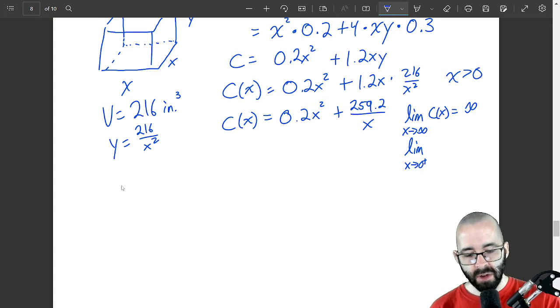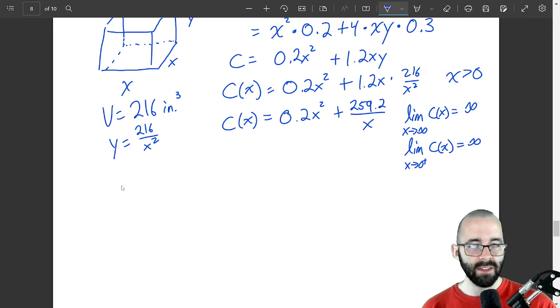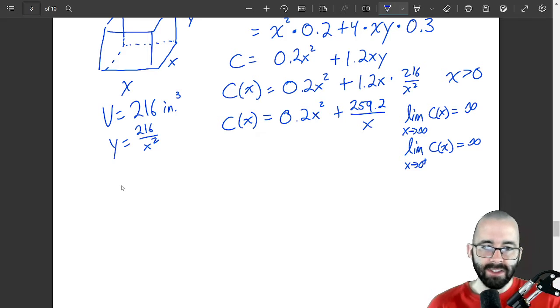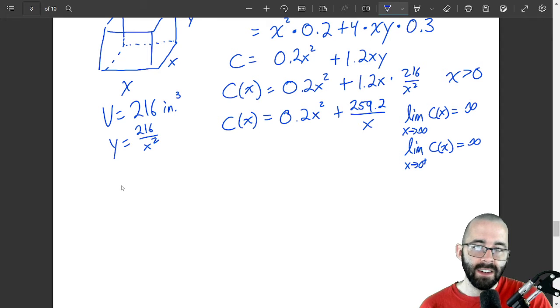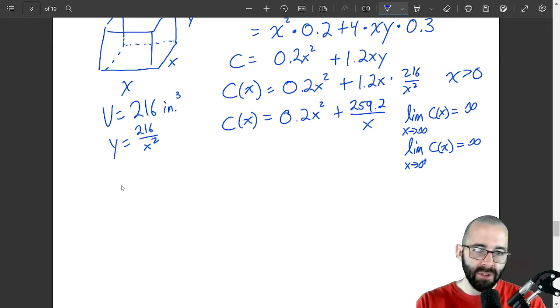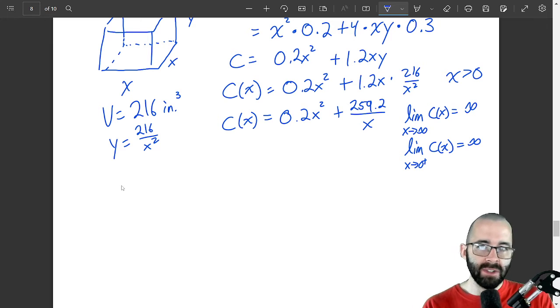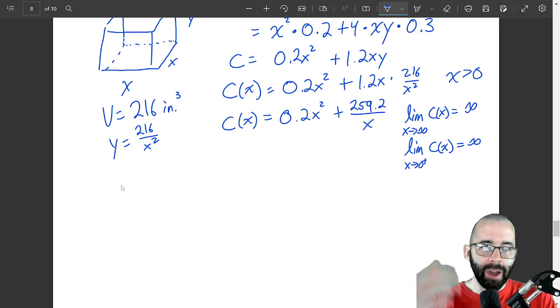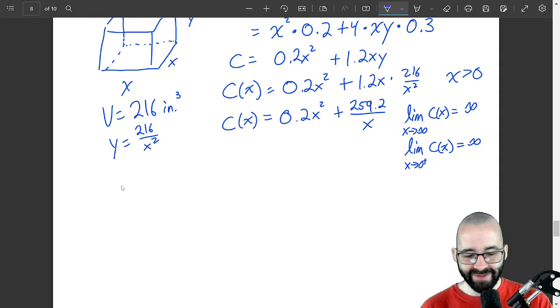As x goes to 0 from the right, the surface area went to infinity. Well, the cost is also going to go to infinity because the cost is just a scaling of the surface area. Well, a linear combination of different parts of the surface area, but the point still stands. So just like before, we have a minimum. We don't have a maximum. There's no maximum cost. We could have this cost as much as we wanted.